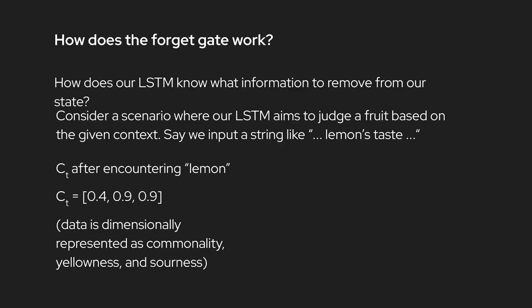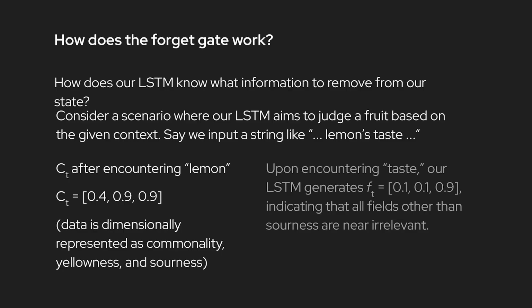Upon encountering the word taste, the forget gate in our LSTM generates ft, which is now equal to 0.1, 0.1, 0.9. Intuitively, this is like our model saying that we shouldn't care about anything other than the dimension relating to taste. In this case, our third dimension being sourness.